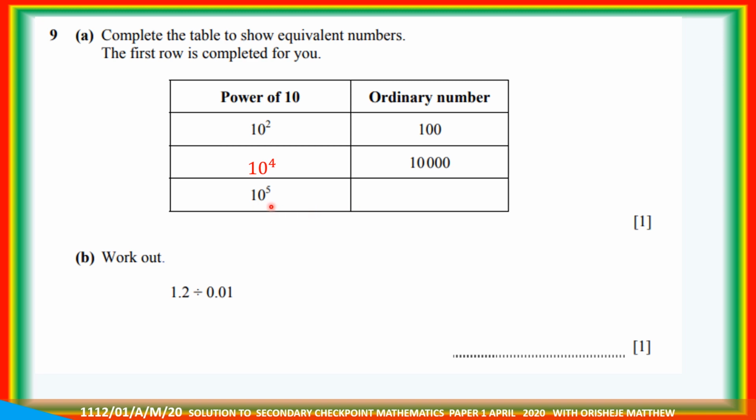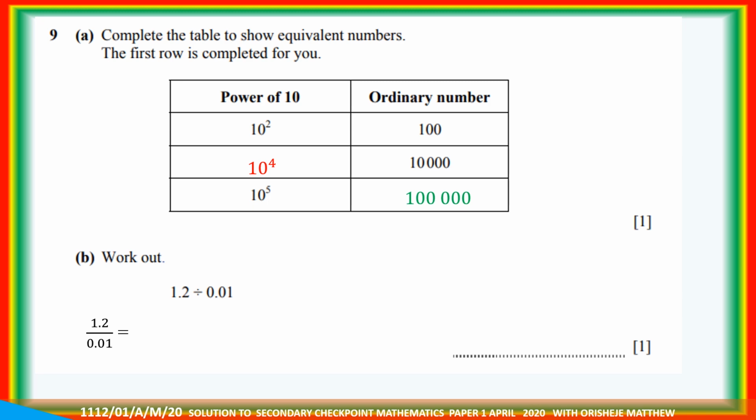Then here we have 10 raised to power 5. Write it in ordinary number. That means 1 followed by 5 zeros. So you have completed that. Then with that you can work out this mathematics. 1.2 divided by 0.01. Okay, if you look at that, simple, rewrite it as 1.2 divided by 0.01.